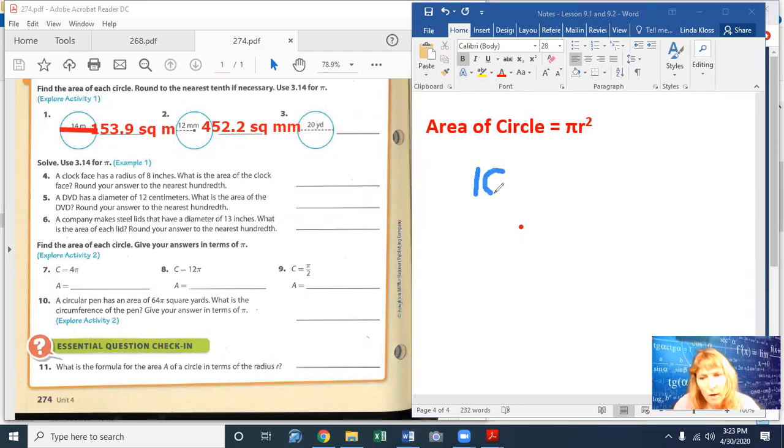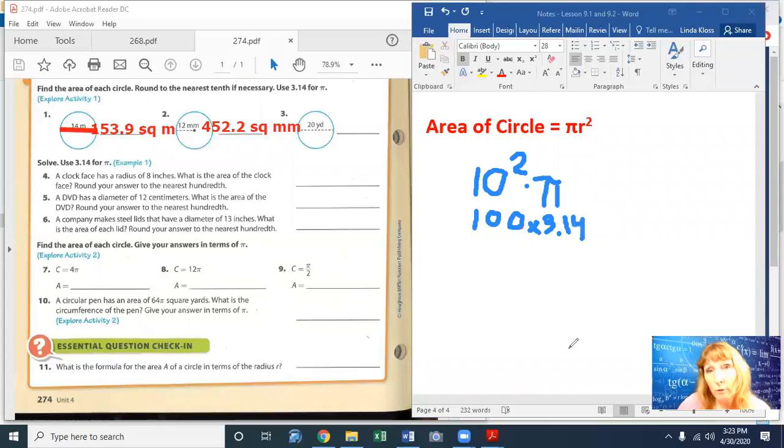Now you're going to square the 10, right? Don't forget that. Times pi, that's going to give you the area. So 10 times 10 is 100, and 100 times pi, 3.14. You know what to do when you multiply by 100? Just move the decimal 2 to the right, right?